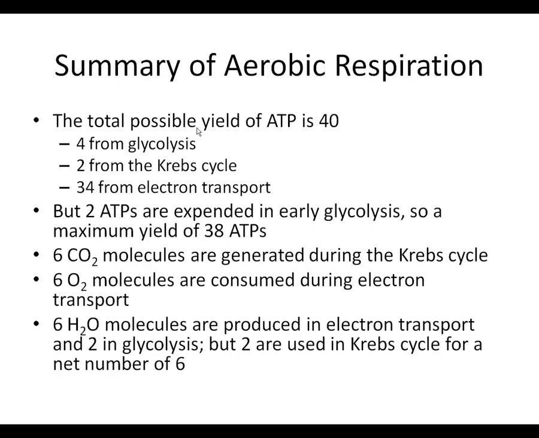So if we look at the total process, we have 1 molecule of glucose plus 6 oxygen will yield 6 carbon dioxide and 6 water and 38 ATP as a prokaryotic cell. As a eukaryotic cell, it's 1 glucose plus 6 oxygen will yield 6 carbon dioxide plus 6 water and 36 ATP.